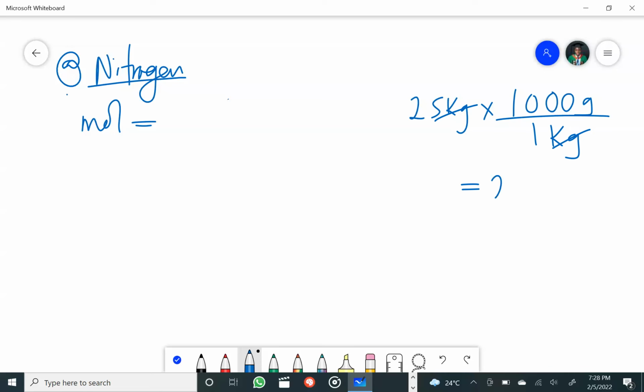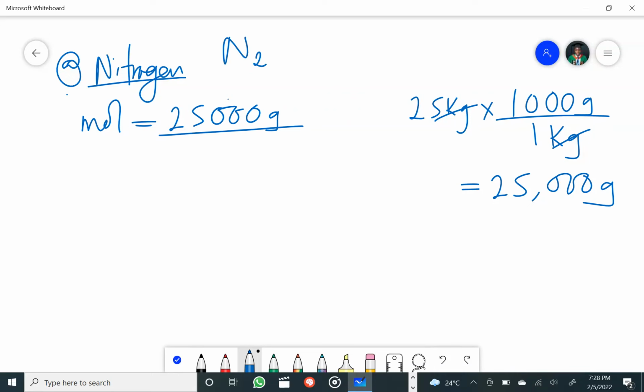So meaning you're dealing with 25,000 grams. Again, always show your working. So here you write 25,000 grams over molar mass, isn't it? So what's the molar mass of nitrogen? Remember, here the nitrogen is N2, so it's a diatomic molecule.